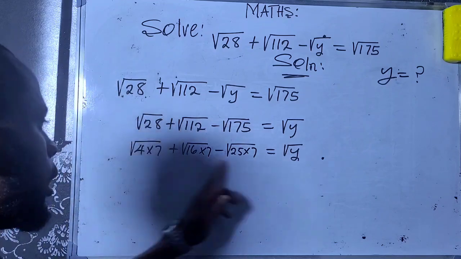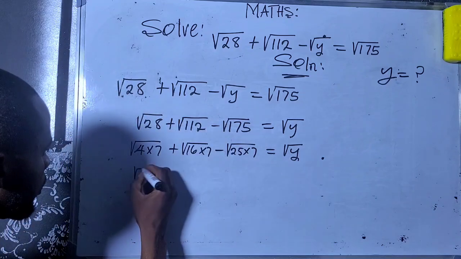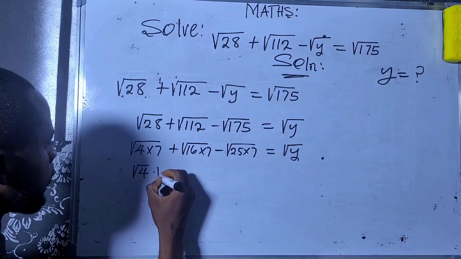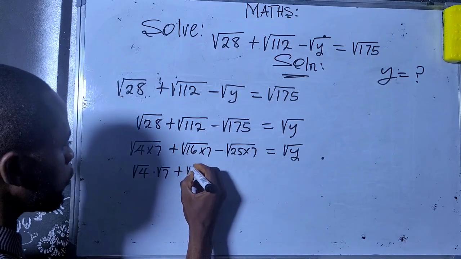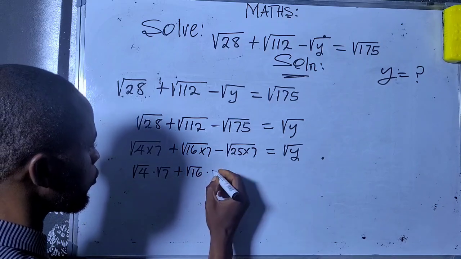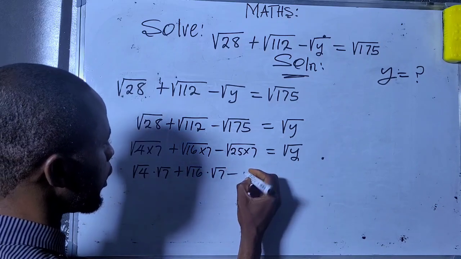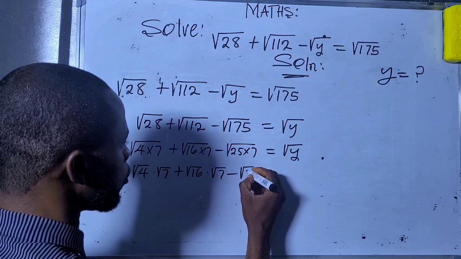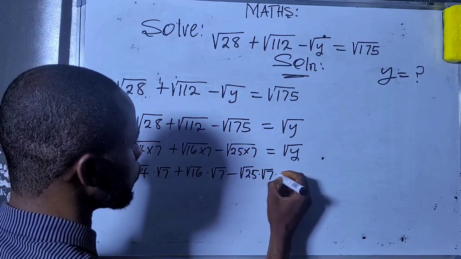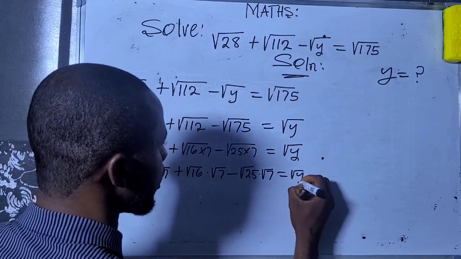Then, this can also be expressed as square root of 4 multiplied by square root of 7 plus square root of 16 multiplied by square root of 7 minus square root of 25 multiplied by square root of 7 equals square root of y.